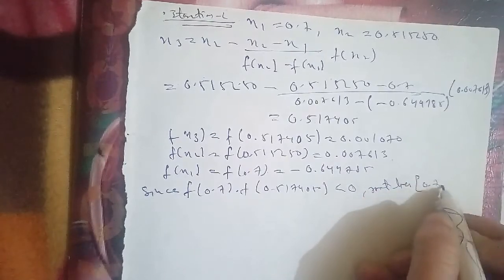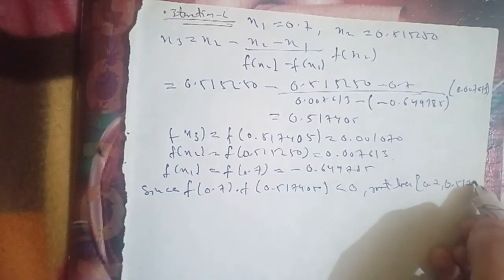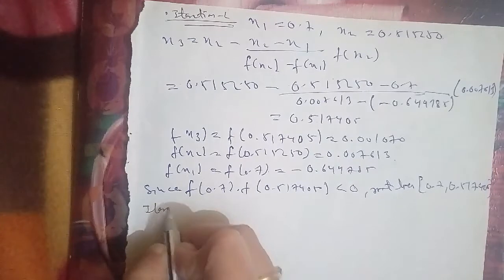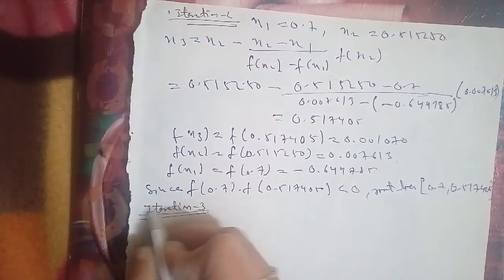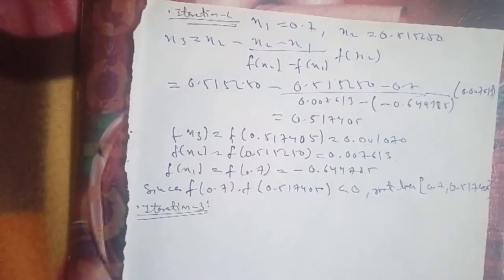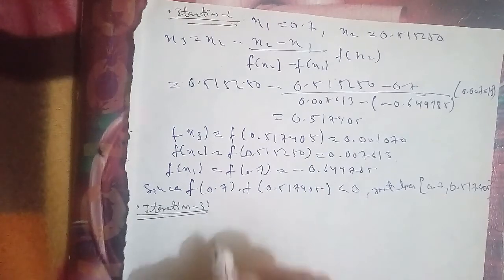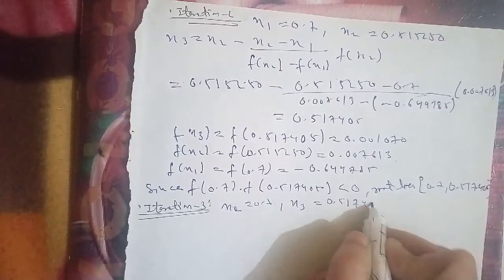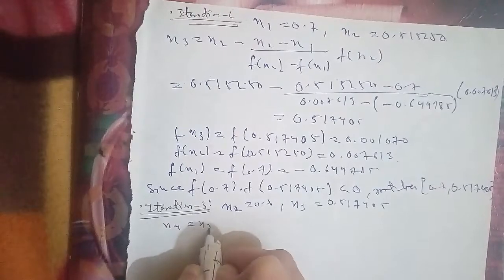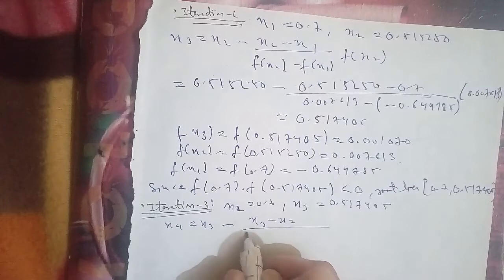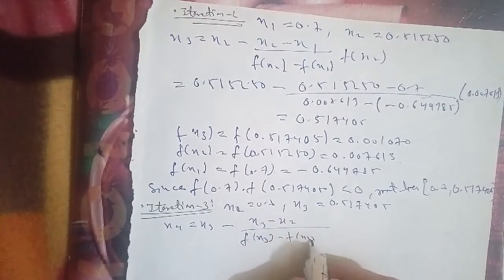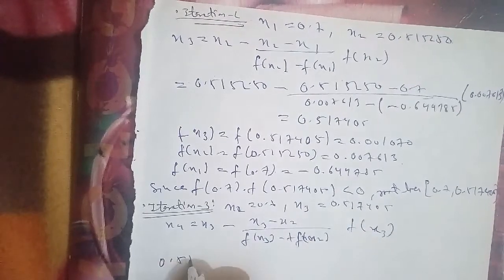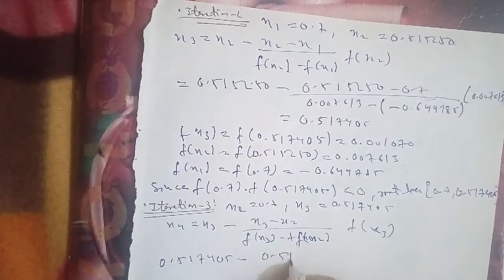For iteration 3, x2 equals 0.7 and x3 equals 0.517405. x4 equals x3 minus (x3 minus x2) upon (f(x3) minus f(x2)). We put the values, and with f(x3) being 0.001070, this equals 0.517708.